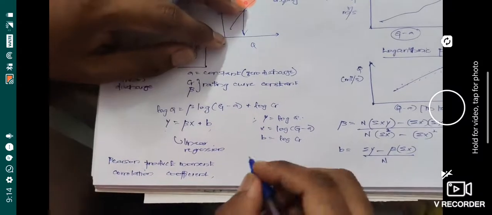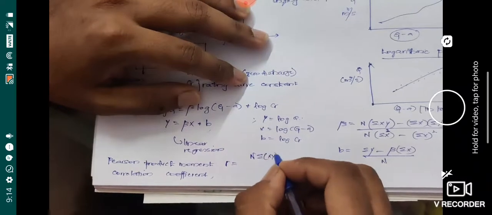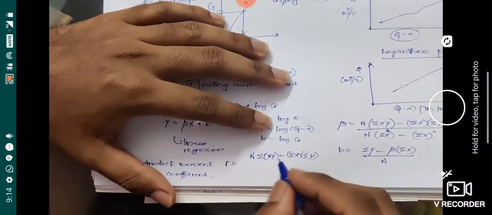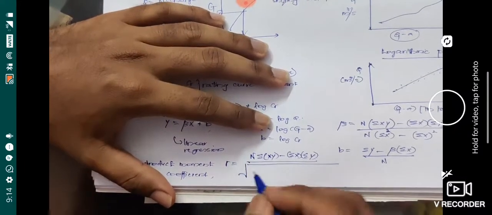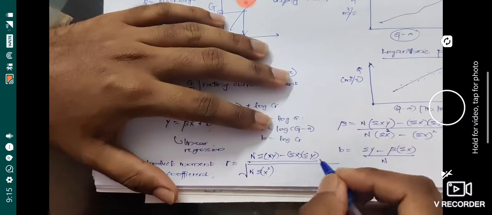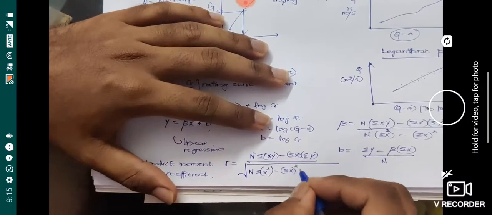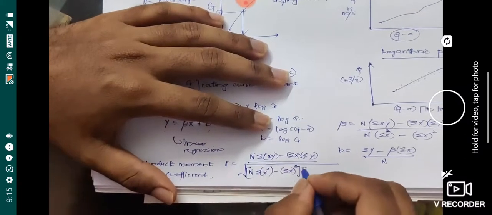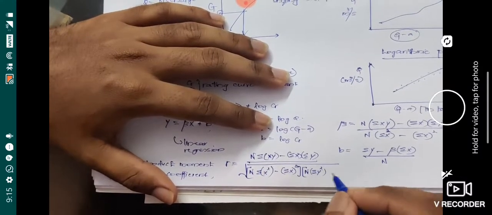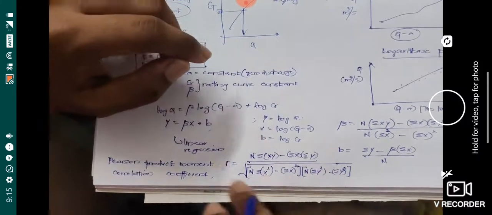That is given by the value r, which is nothing but n sigma of xy minus sigma x into sigma y, the whole divided by the square root of n sigma of x square minus sigma x the whole square, that is the first term, multiplied by n sigma of y square minus sigma y the whole square. So this is how you find r.